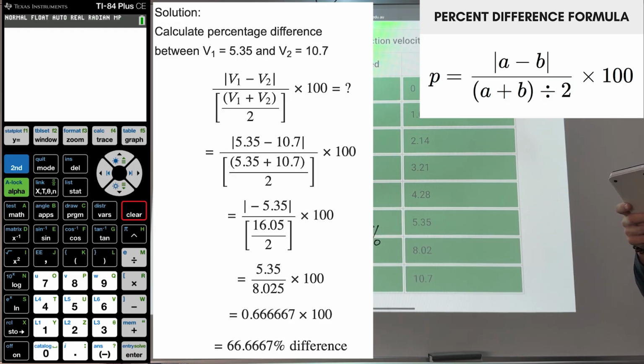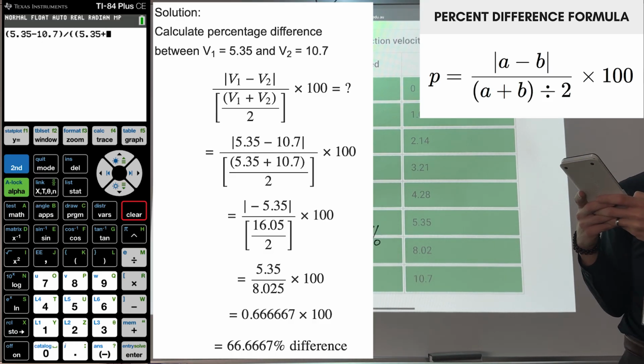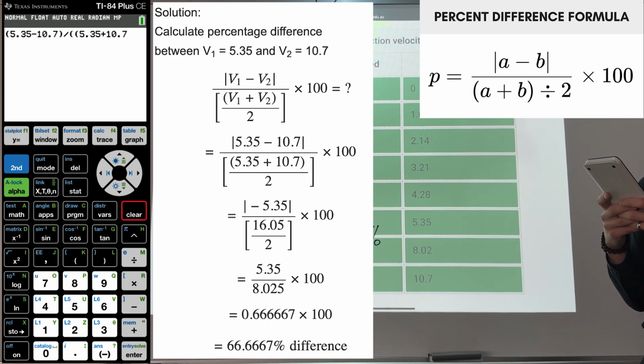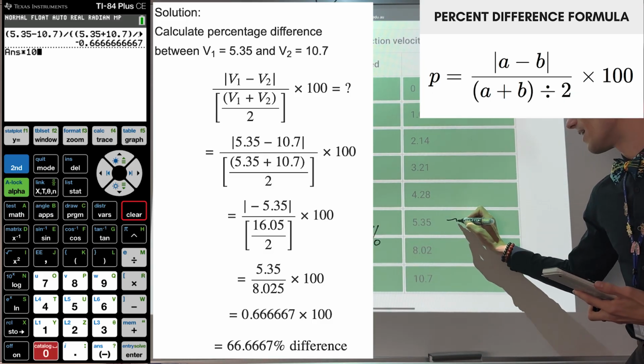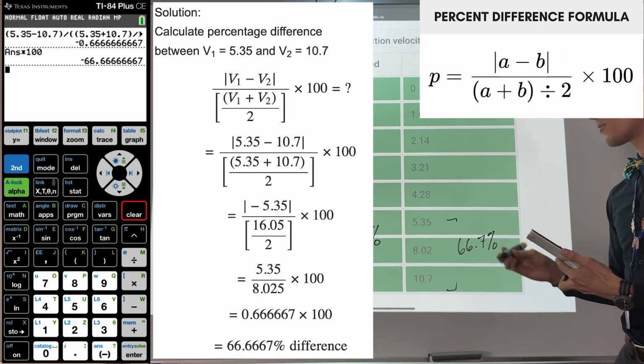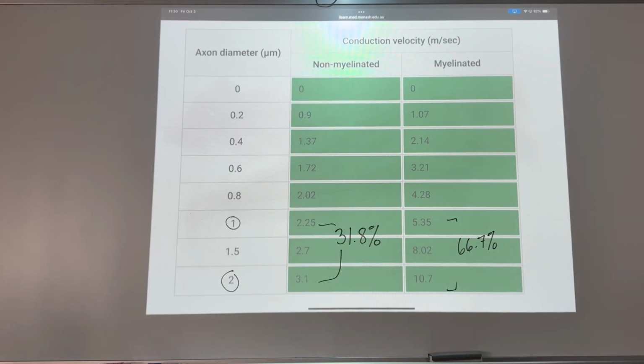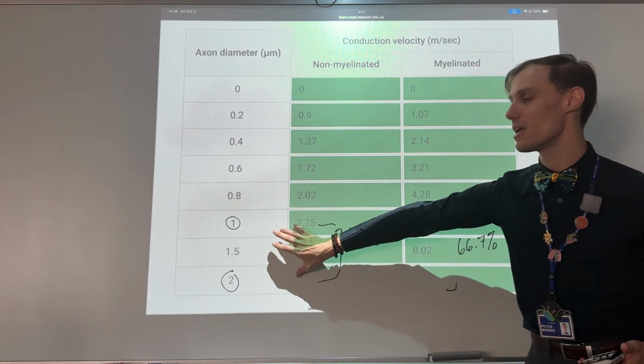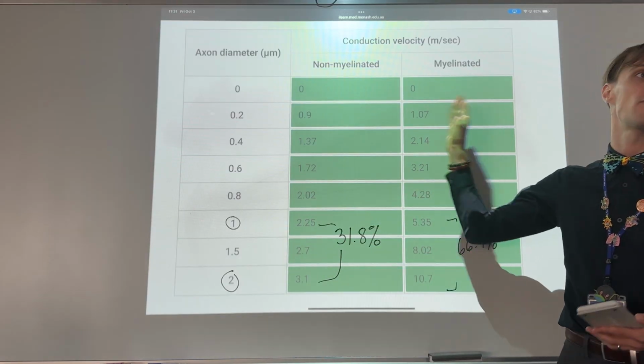For myelinated, the difference will be (5.35 minus 10.7) divided by ((5.35 plus 10.7) divided by 2), times 100, which gives me a difference of 66.7%. So there's a clear, much greater percent difference for the same increase in diameter for myelinated versus non-myelinated.